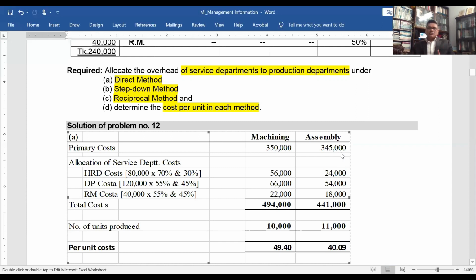So here the total cost comes for machining department 4,94,000 and assembly 4,41,000. Look here, this service department cost allocation ignores allocation to another service department.